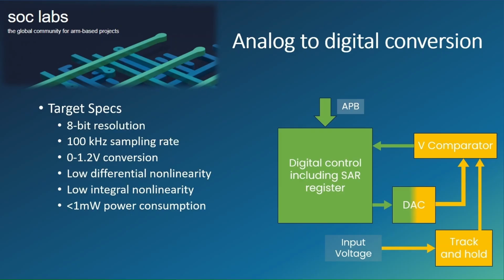The specifications that we've targeted here are 8-bit, 100 kilohertz. We wanted to at least include audio frequency ranges. We've kept it at quite low voltage as well, trying to keep it low power and fairly accurate. We've not put numbers here. We just wanted to say low non-linearity.